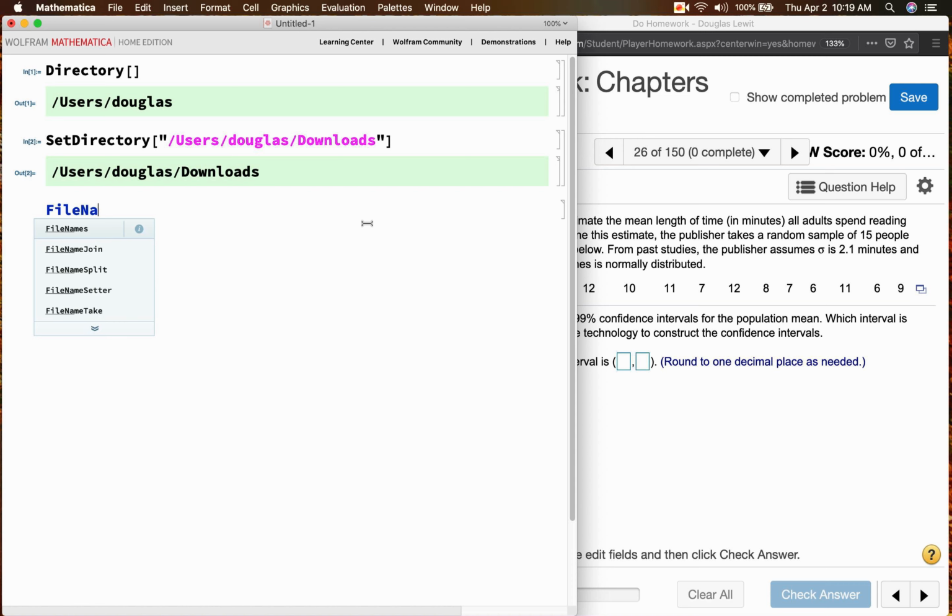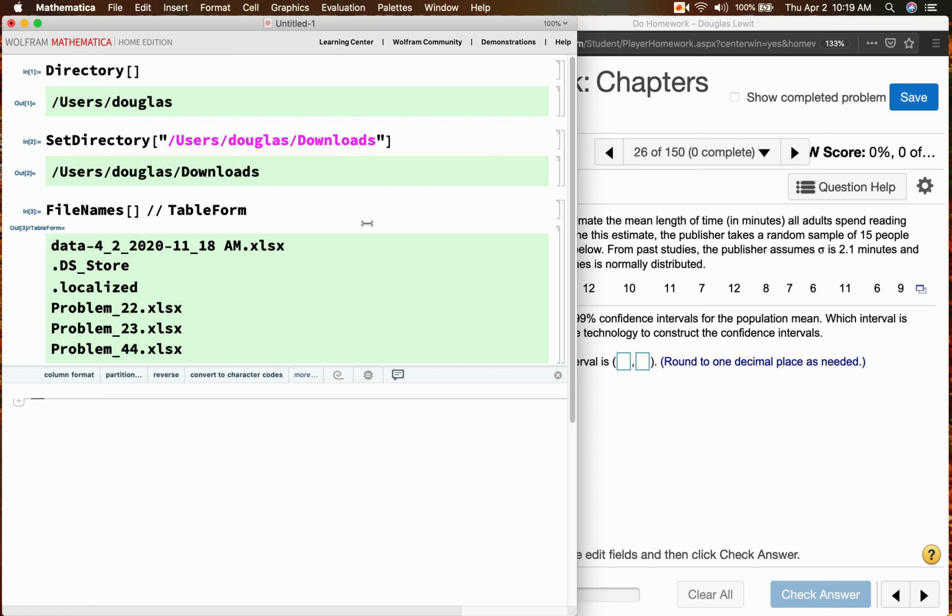Okay, file names. So here's the file that I just downloaded, and I'd like to rename it so that it has a name that I can more easily remember.